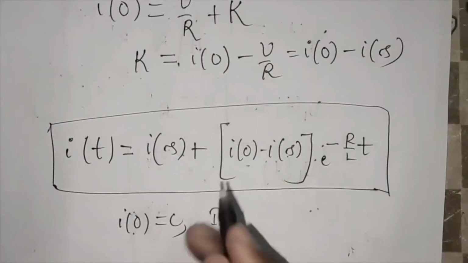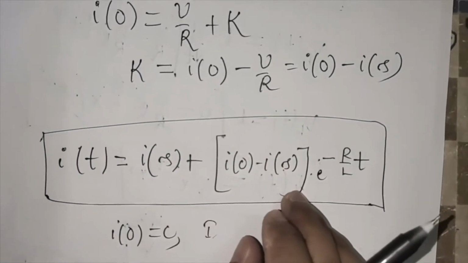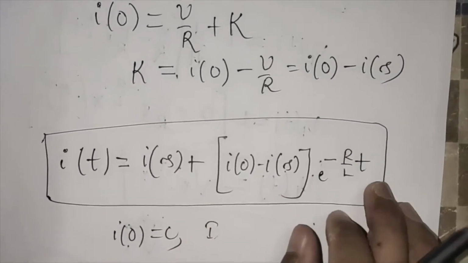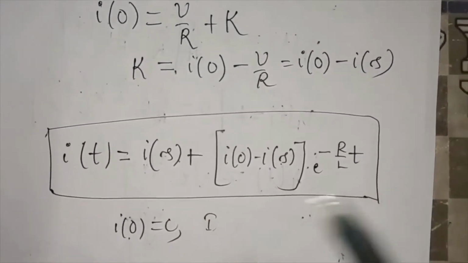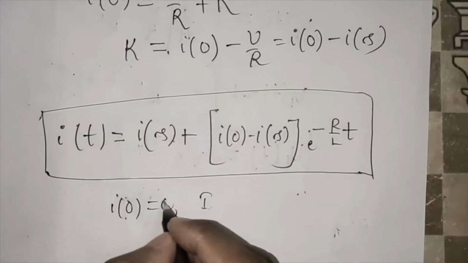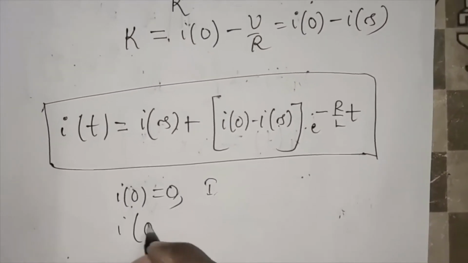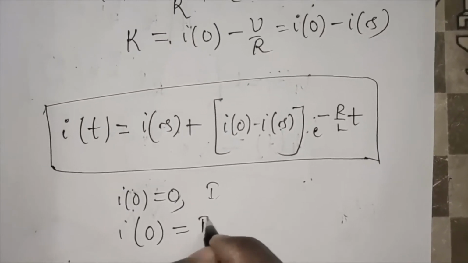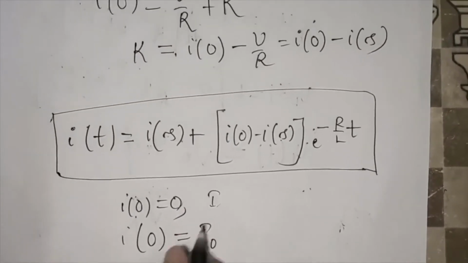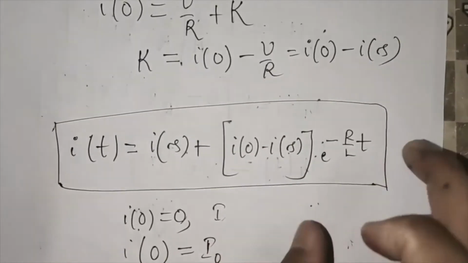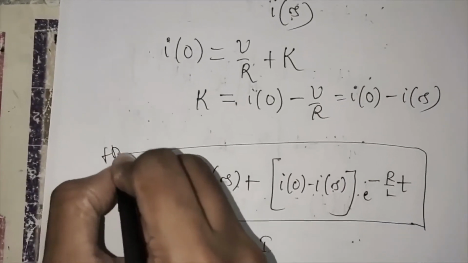So this is the general expression of a source driven RL circuit. Hence this expression is valid for all conditions, that is, even if the initial condition is 0 or the initial condition is some I0. For all such conditions this general equation is valid.